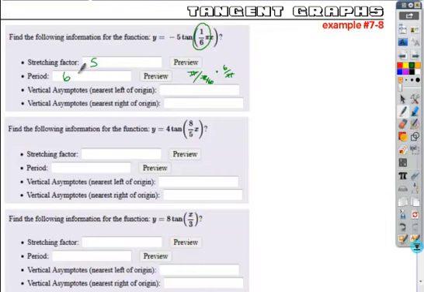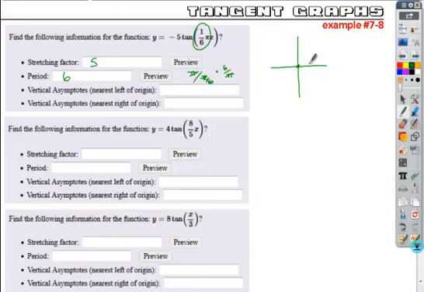Now, to find the vertical asymptotes, we know there's no horizontal shifting here. Anytime I sketch these, I would always sketch my horizontal shift as being the point that crosses what I would equate to my midline. Since there's no vertical shifting here, the line that we can equate to the midline is going to be the origin.